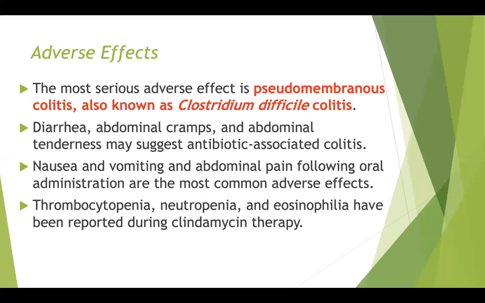Nausea and vomiting, abdominal pain following oral administration are the most common adverse side effects. So again, if it is an oral form of the medication, abdominal pain, nausea and vomiting are the signs and symptoms or adverse effects. It may also affect the blood, causing thrombocytopenia, neutropenia, and eosinophilia. So low eosinophils, low neutrophils, and low platelet count.